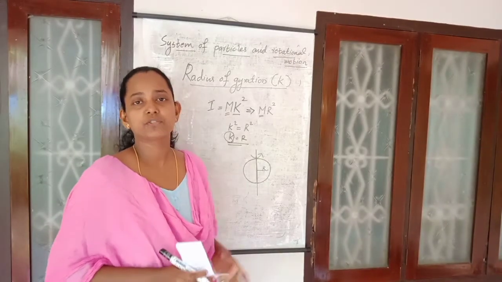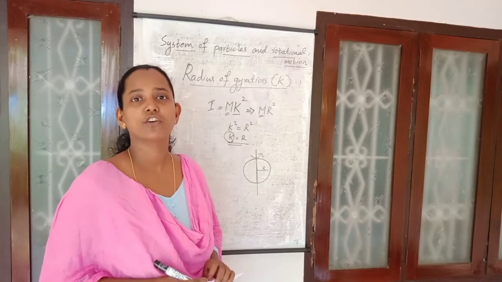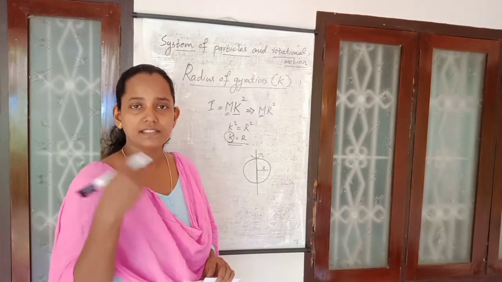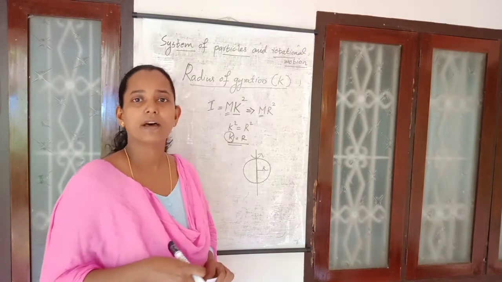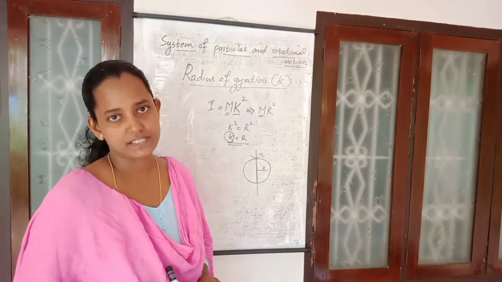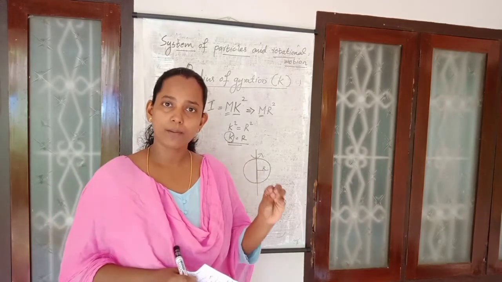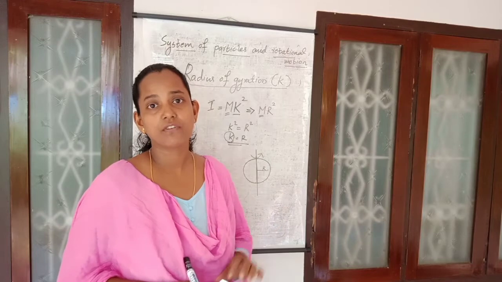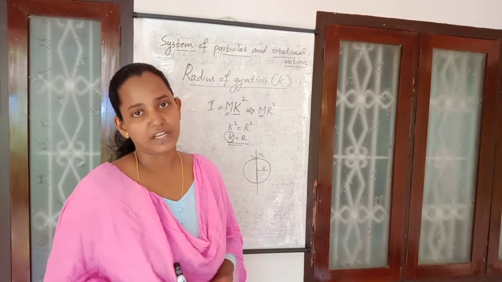What does this radius of gyration mean? That is a geometrical property of the body, and it gives us the measure of the distribution of mass of the particles about the axis of rotation itself.